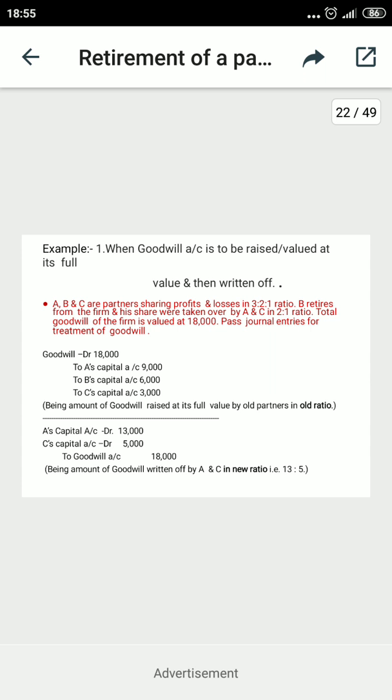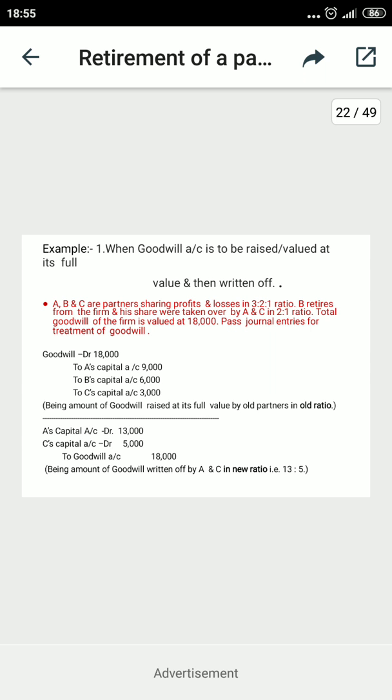But for the second entry, the new ratio applies. The first entry needed the old ratio when goodwill is opened. In the new ratio, the new partners are taken: A and C are the remaining partners now, and B is not taken. So the remaining partners' capital accounts are debited to goodwill 18,000, written off in the new ratio which you have to calculate. 13 to 5, so the result will be 13,000 and 5,000.